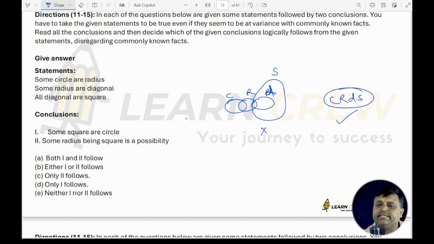Some radius being square is definitely true. It is not a possibility. Some radius are square is definitely true, so the possibility case will not arise. So what is the answer? Neither 1 nor 2, because the possibility case does not arise, and some squares are circle, here it is not following. So the answer is neither 1 nor 2.